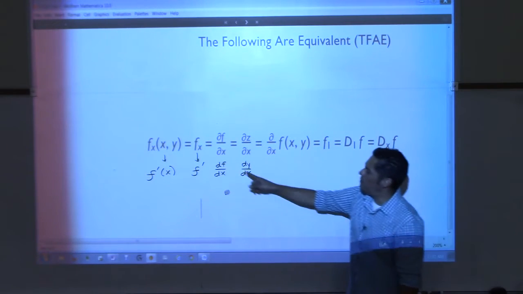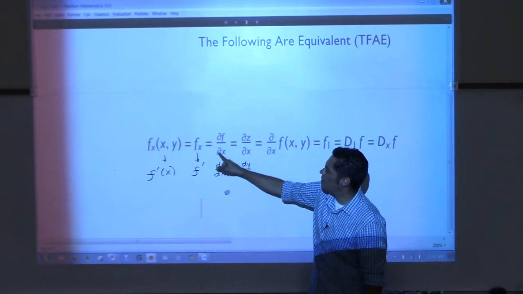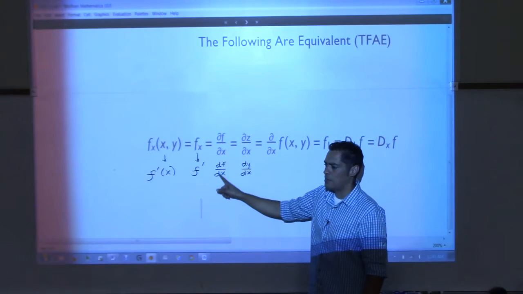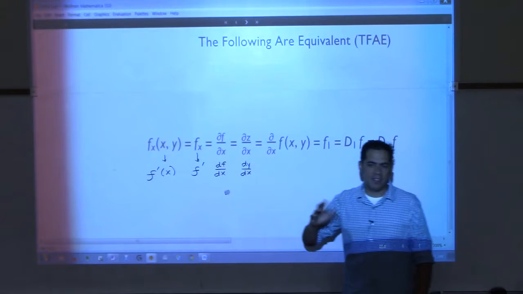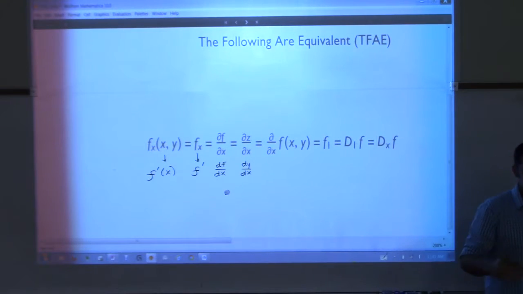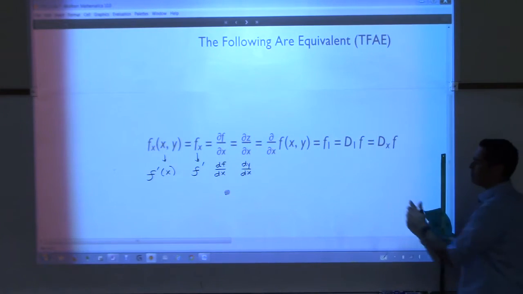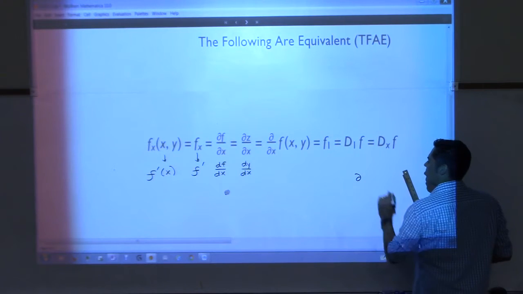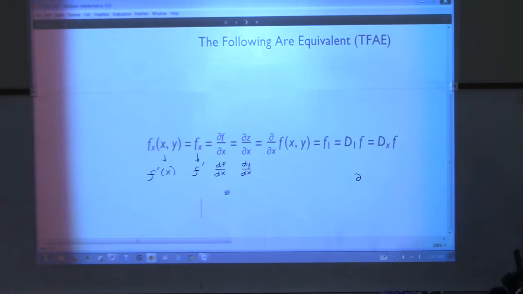But notice this symbol right here. This right here is not the same as this. So we have a way of distinguishing between derivatives and partial derivatives. And we use this little, y'all know what that symbol's called? It's del. A lot of times it's called del.